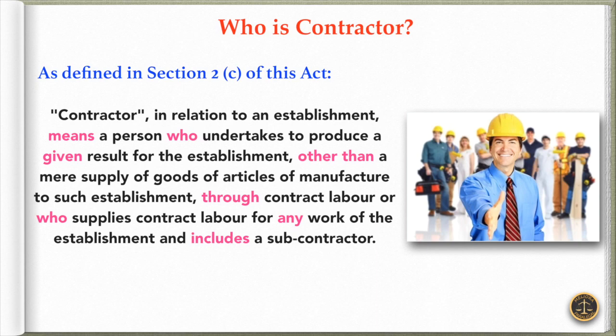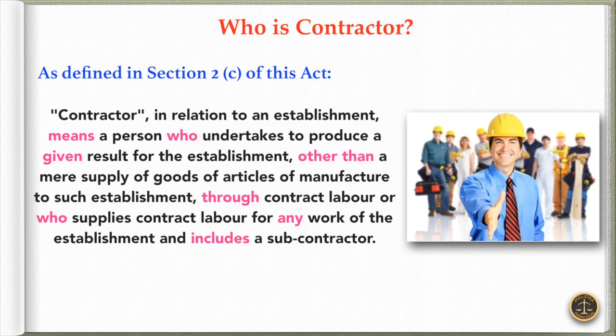It means a person who merely supplies some goods and articles to any establishment is not a contractor. Rather, a person who supplies labor temporarily or for any particular project on a contract basis is a contractor.